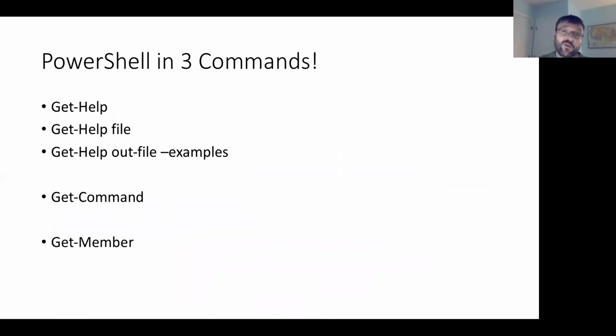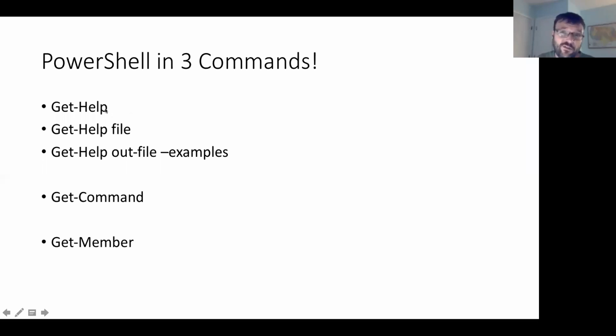This is a little anti-intuitive, but if you look at the books out there on how to use different programming languages, you won't find a whole lot of books about PowerShell. Part of the reason is that it's so well documented. These three commands here, right at the start, Get-Help will show you how to use the help file of all the systems.